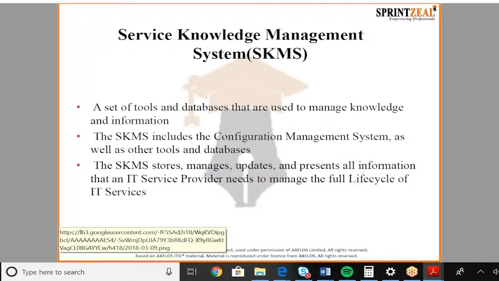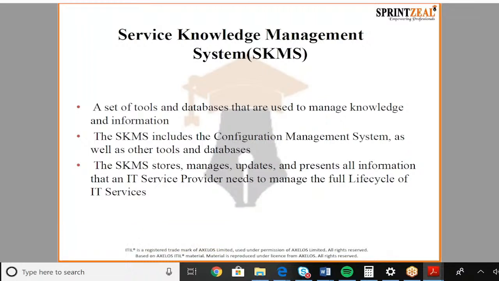So service knowledge management stores, manages, updates and presents all information that an IT service provider needs to manage the full life cycle of IT services. If we think about all the repositories that we've talked about, just remember that the service knowledge management system encompasses all of them.